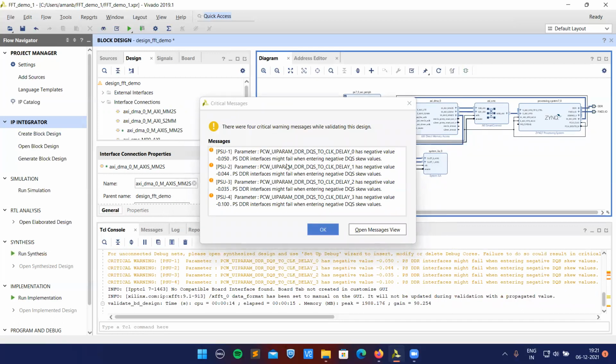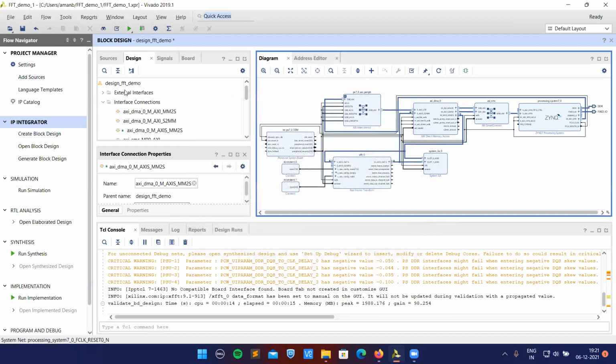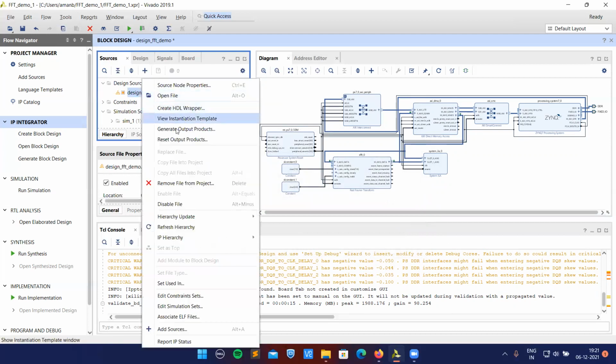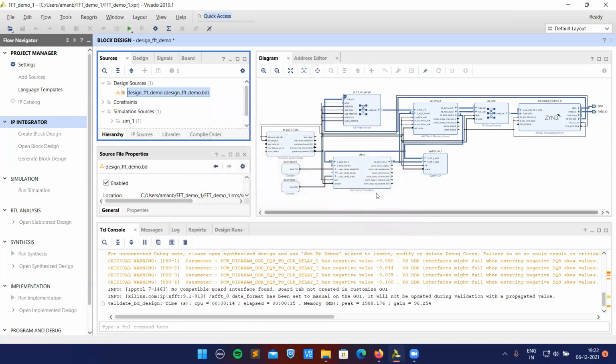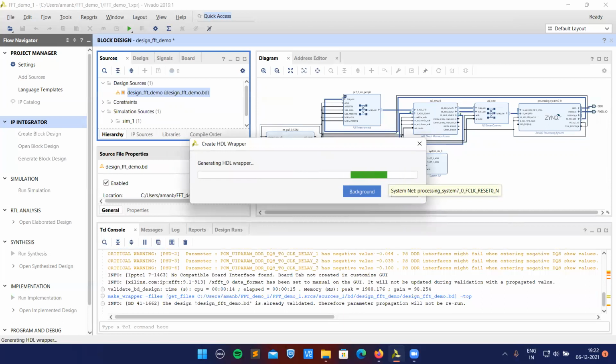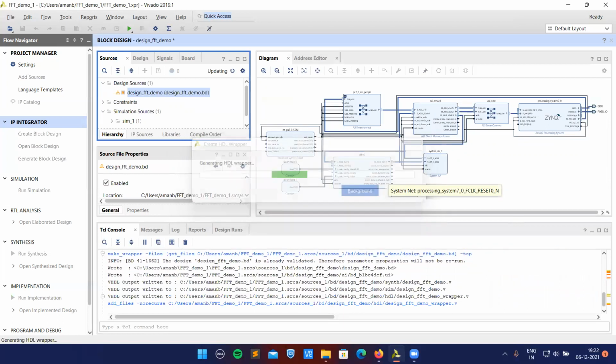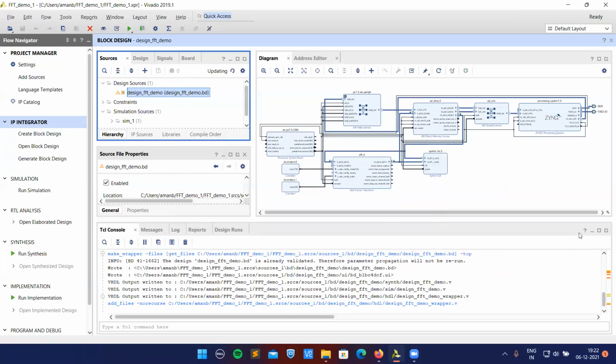These are some warnings, so we can ignore them. Now let's move to sources and create the HDL wrapper. Once the HDL wrapper is created, we will start generating the bitstream.